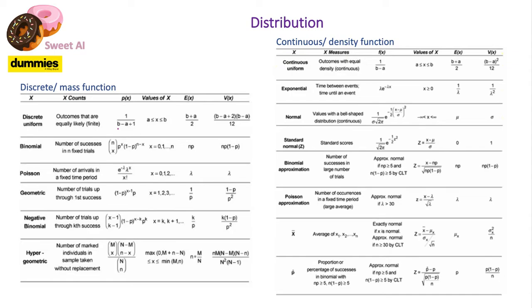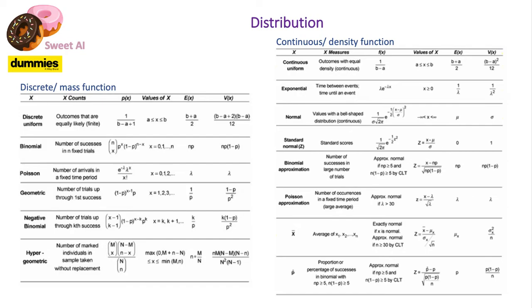The sum of all the individual probabilities for the discrete one is going to be equal to 1, and the area under the curve for the continuous one is going to be equal to 1.